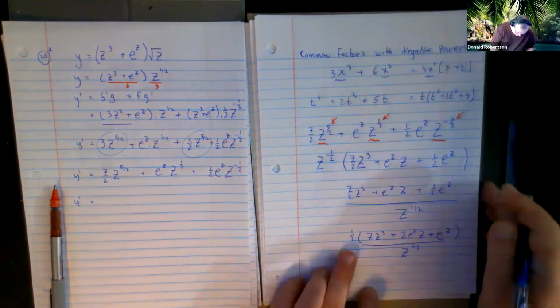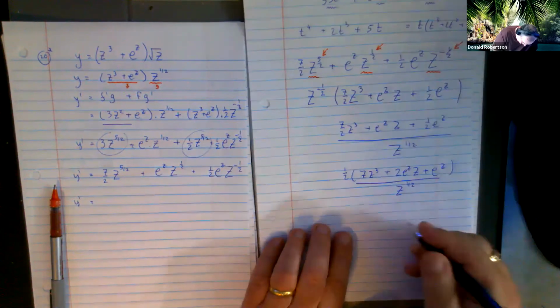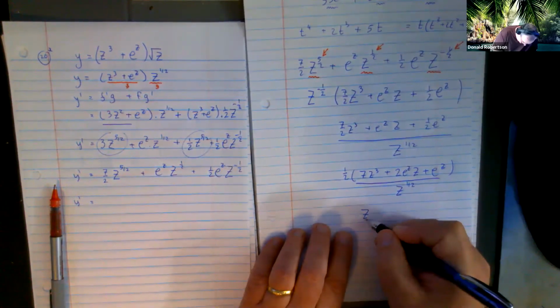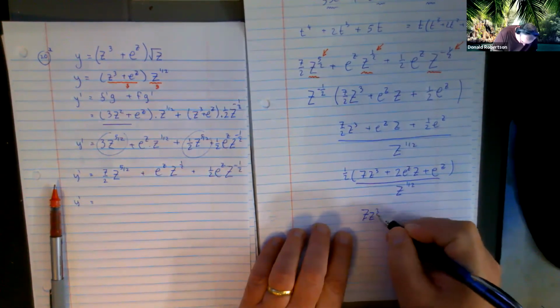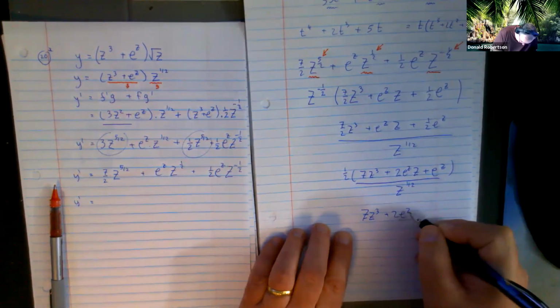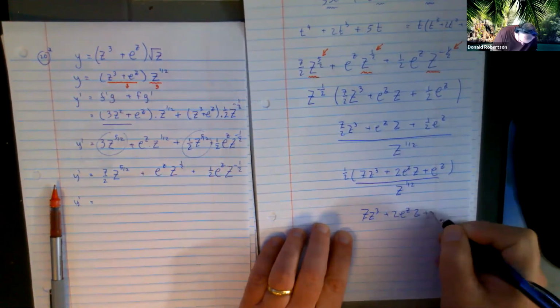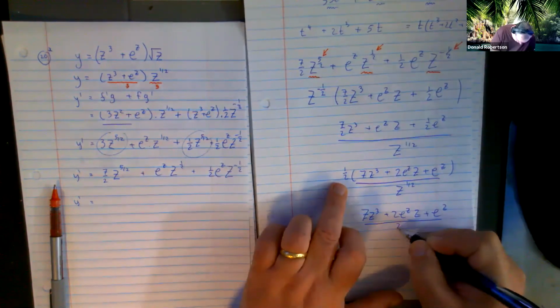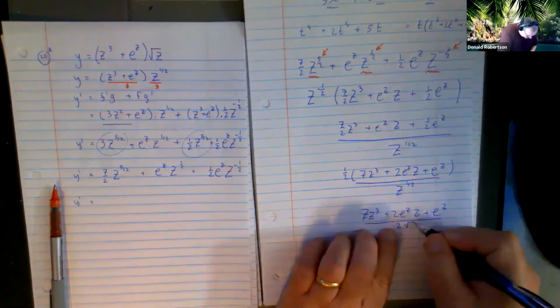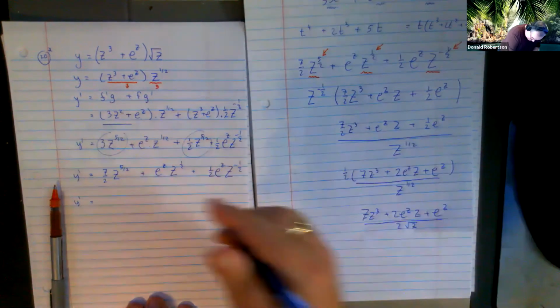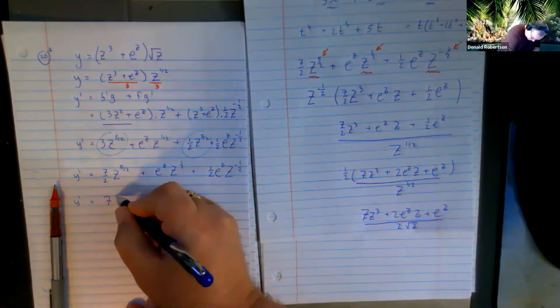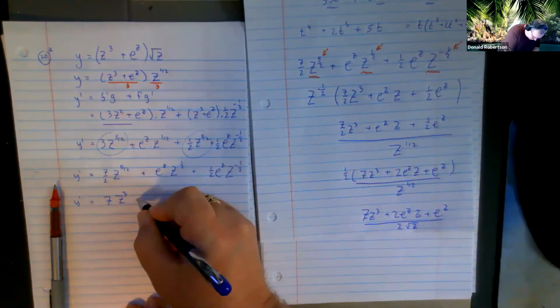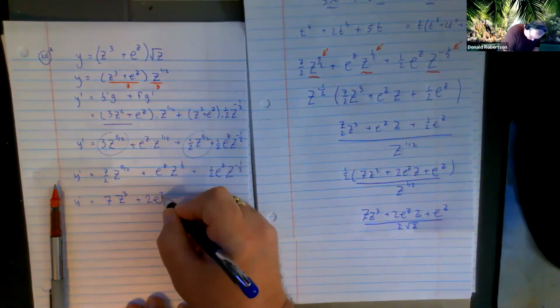And I don't like that half where it is. I'm going to bring it downstairs as a 2. And while I'm at it, I'll turn that into a square root. So our final answer was 7z cubed plus 2e to the z.